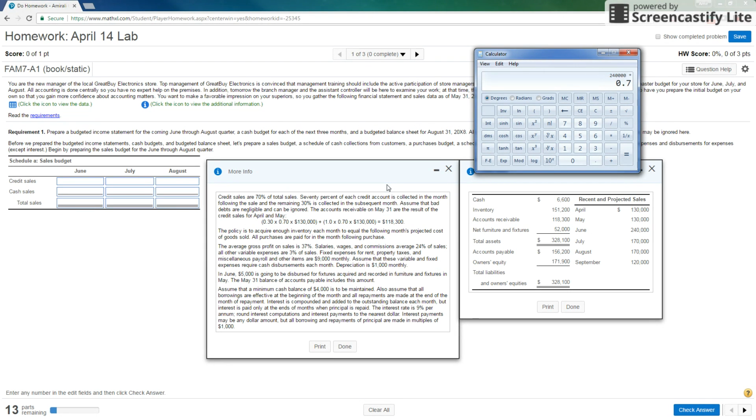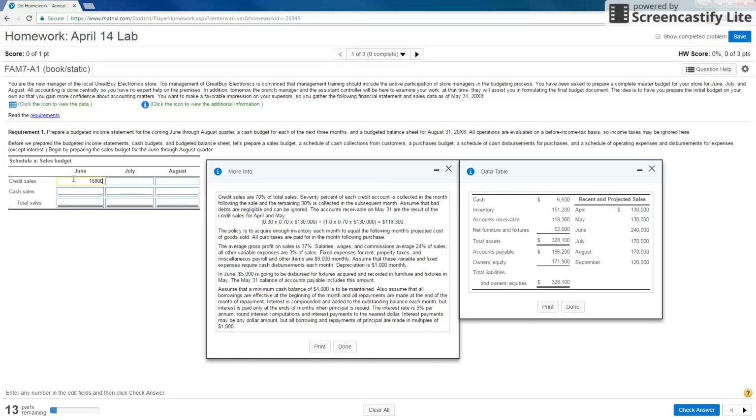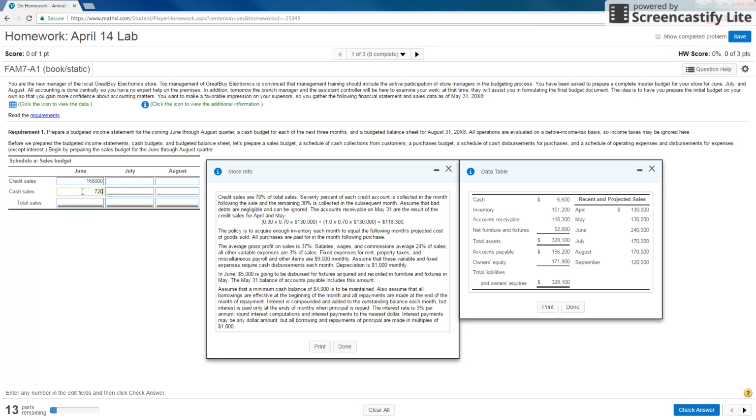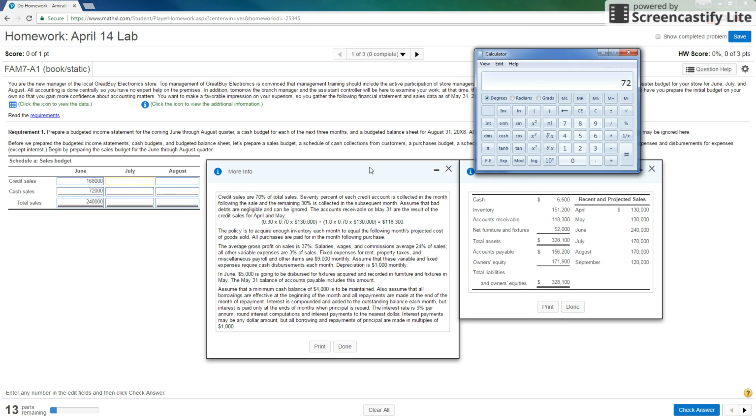So multiplied by 70%, it's 168,000. And the rest is the cash. So 72,000. And we get 240,000.